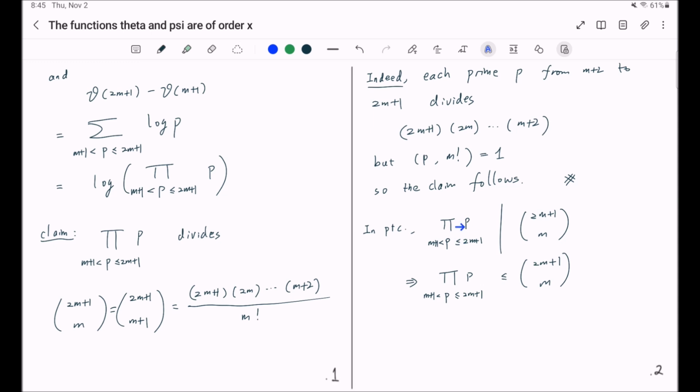To show that one integer is less than or equal to another, you show the first integer actually divides the second. And now you look at this binomial coefficient. We claim that this guy is less than or equal to half of 2 to the 2m plus 1, which is simply 2 to the 2m.